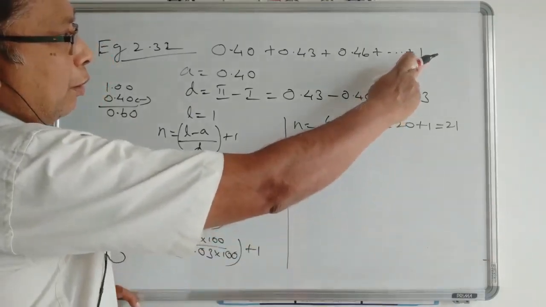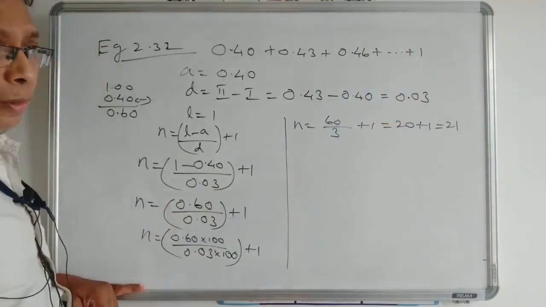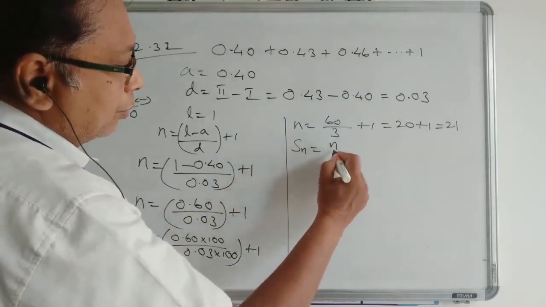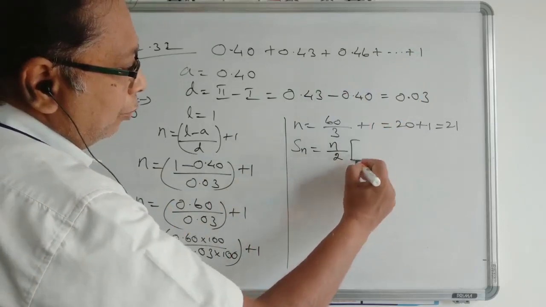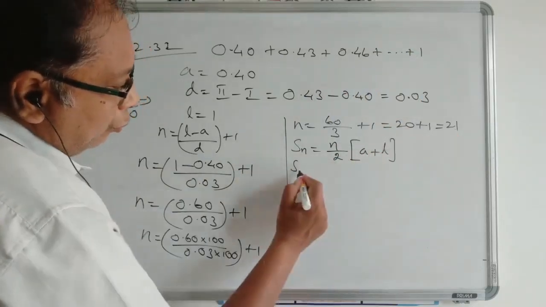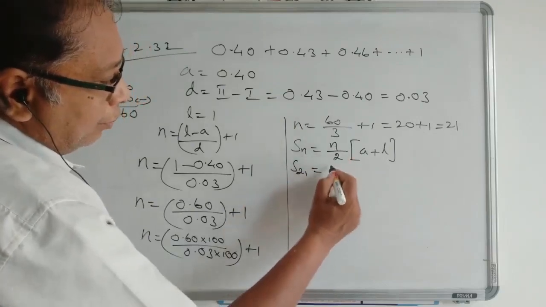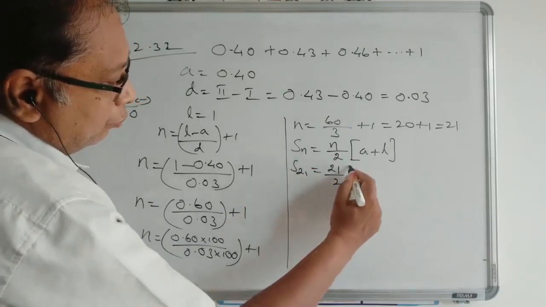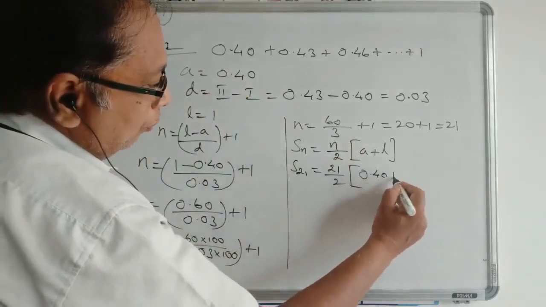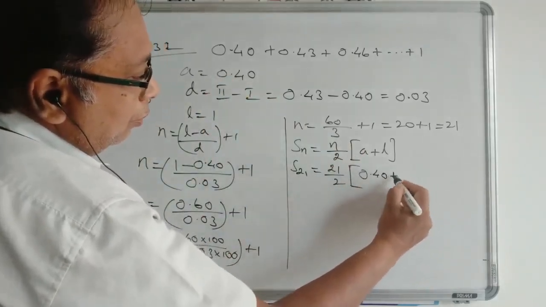The last term is given here, therefore using the second formula, Sn equal to n by 2 into a plus l. Therefore S21, n is 21 by 2, a is 0.40 plus l is 1.